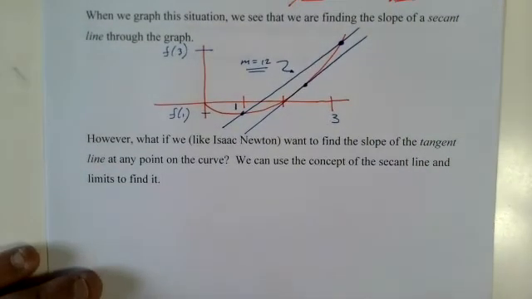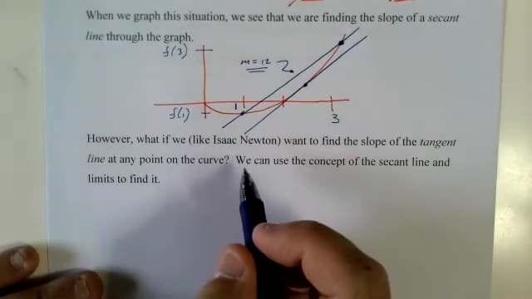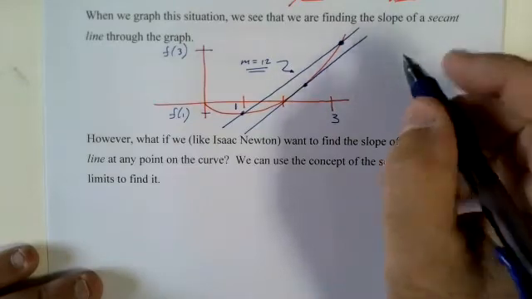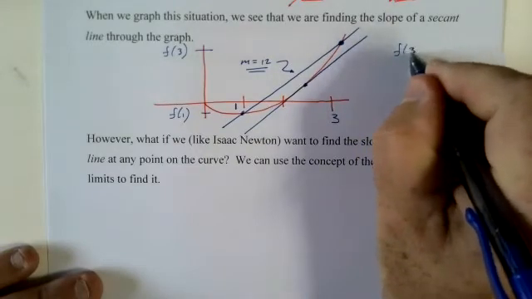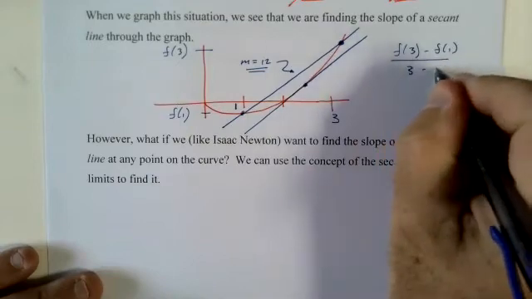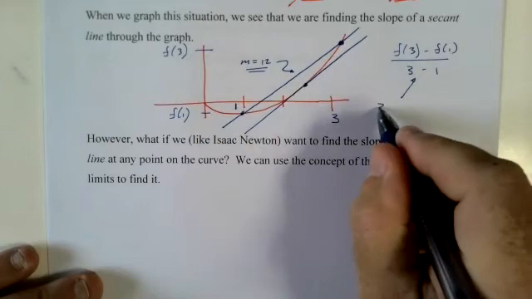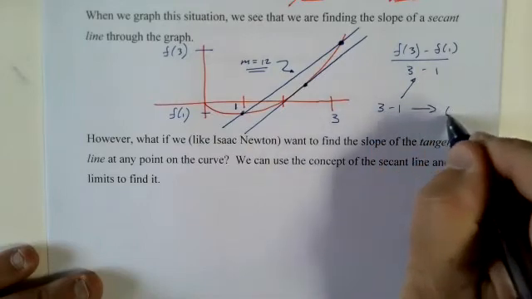Here we go. So let's think about this. All right, up here we had f of 3 minus f of 1 over 3 minus 1. We want 3 minus 1 to go to 0.